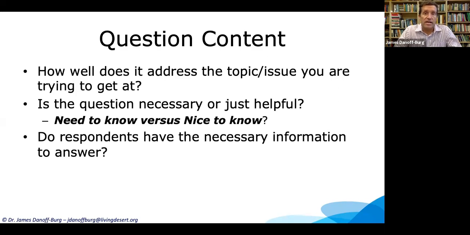If they don't have that necessary information to answer, that would be a bad question to ask, right? You could ask how frequently in the last month it rained here, but you wouldn't want to ask how many millimeters, because very few people keep a rain gauge in their yard, by their house. So make certain that respondents can answer the question. If they cannot, you should change the question for the item.